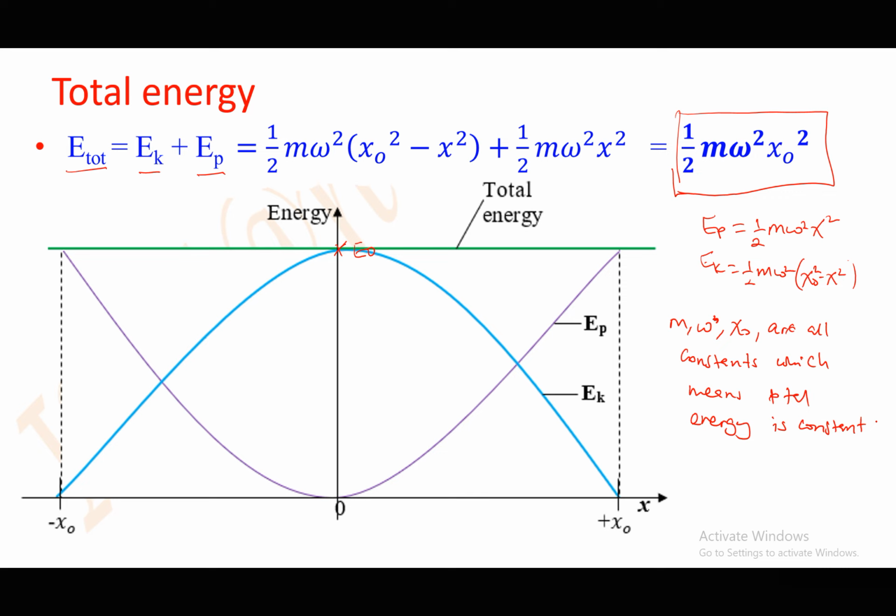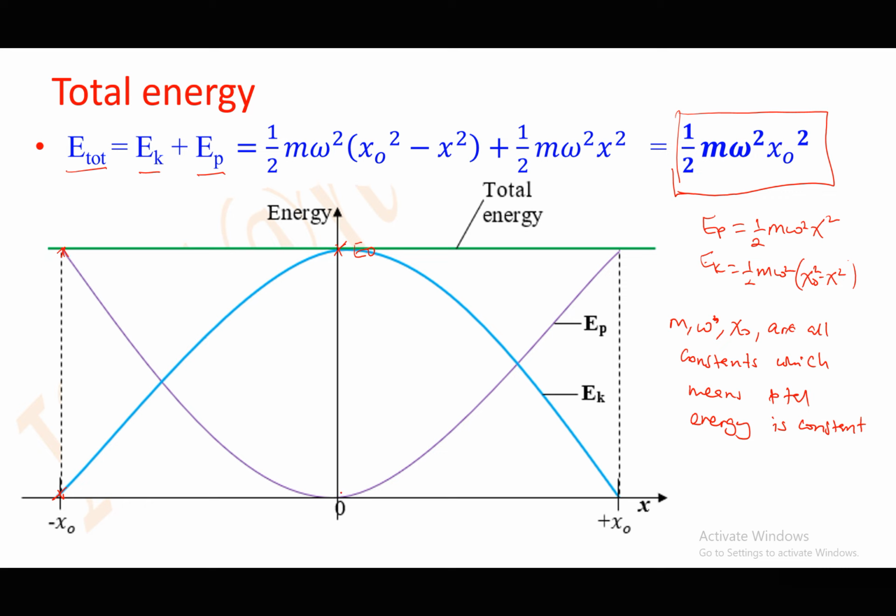It will always be the same value at any point. It will always be constant. You notice that whenever kinetic goes to zero, potential is maximum. So the sum is the same.